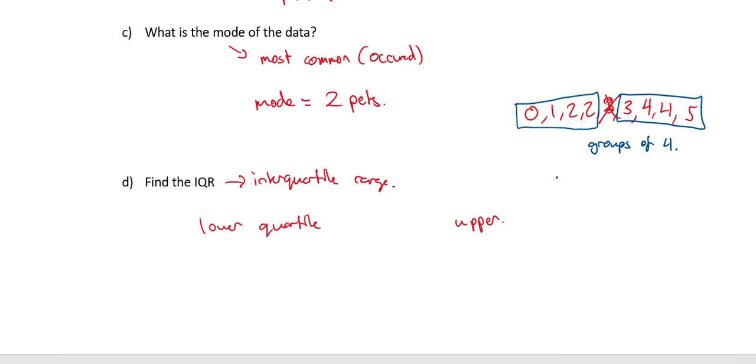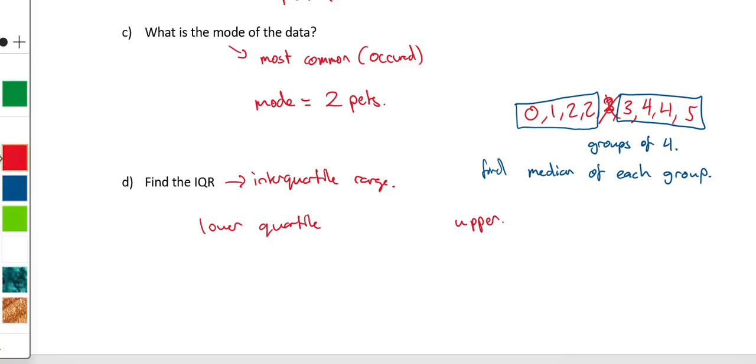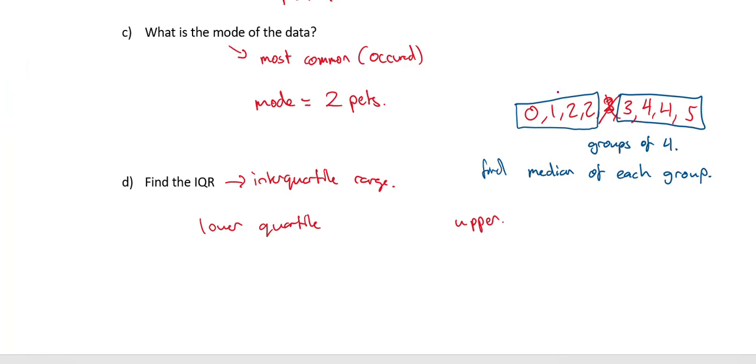So now you want to find the median of each group. Now, you can do that by working it out, or you can just look at it. It's pretty easy. In this case, the median will pretty much be located right here in the purple lines. So you're just going to find the average between the two numbers beside it.